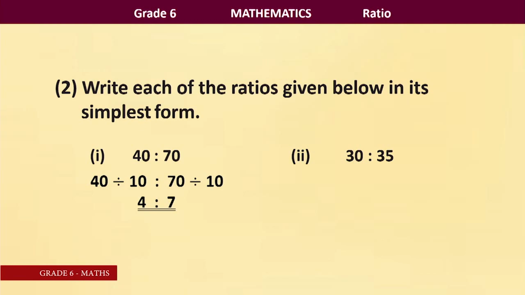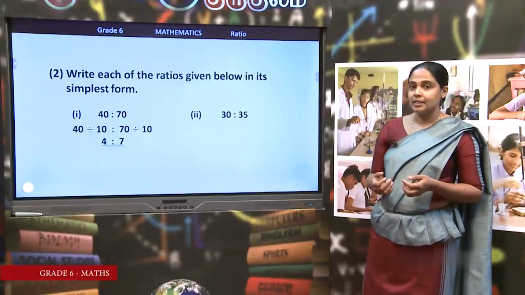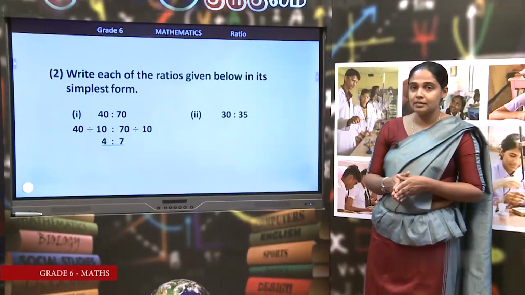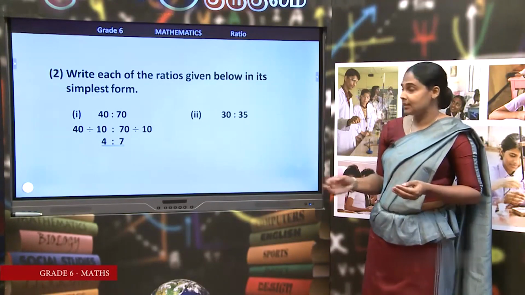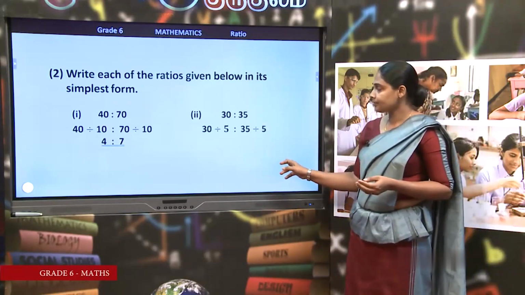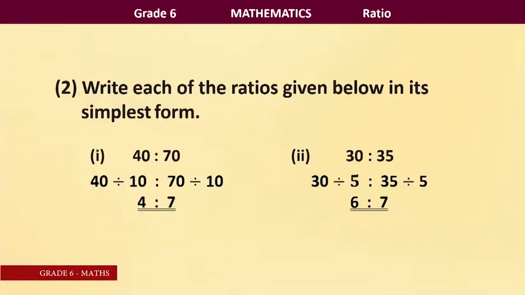Then 30 to 35. To keep it in the simplest form, you have to divide 30 and 35. They are divisible by 5. 30 divided by 5 is 6. 35 divided by 5 is 7. So, the simplest form is 6 to 7.